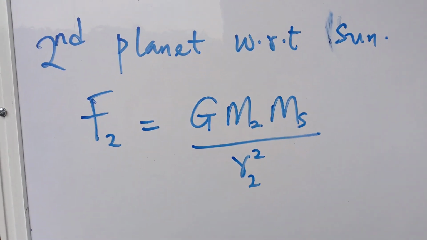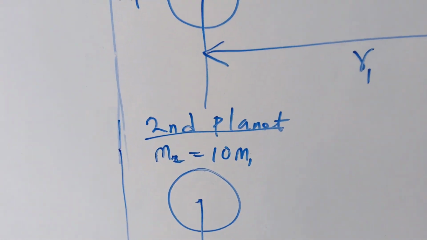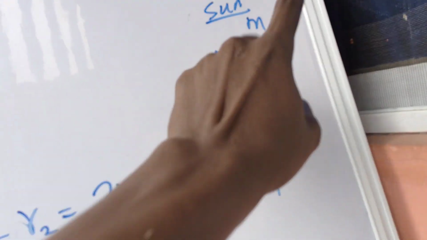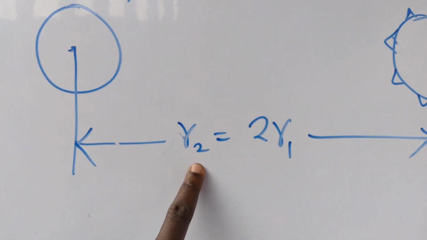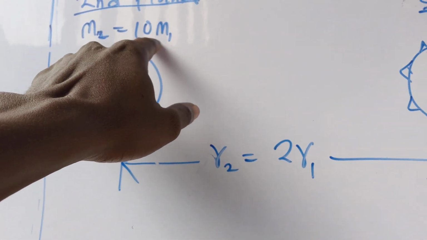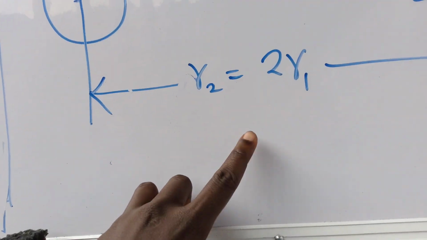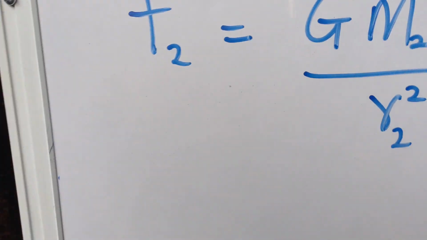So this is the second planet, the mass is M2, and this is the mass of the sun, and their distance is R2. However, we are told that M2 is equal to 10 M1, so we'll put it there, and R2 is 2 R1. So this equation now will change.